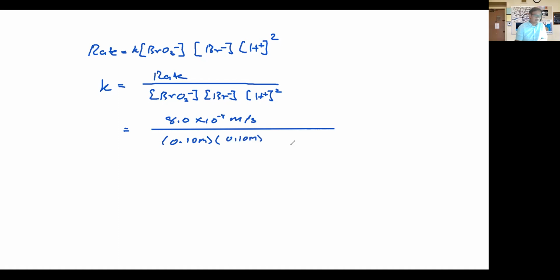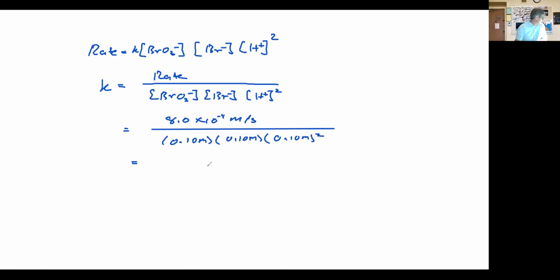Okay, and then finally, the concentration of hydrogen ion was also 0.10 molar, and we're going to square that right there. All right, so you plug all those numbers in.